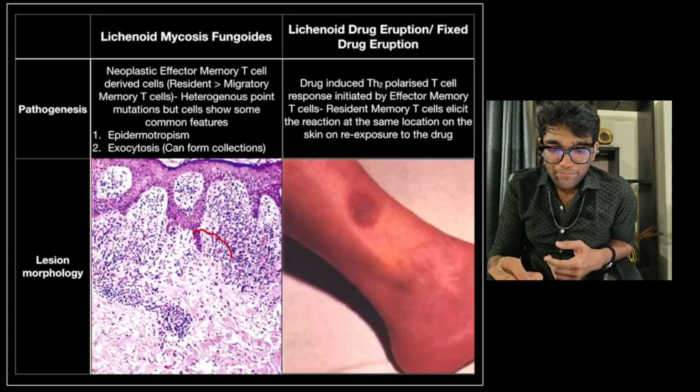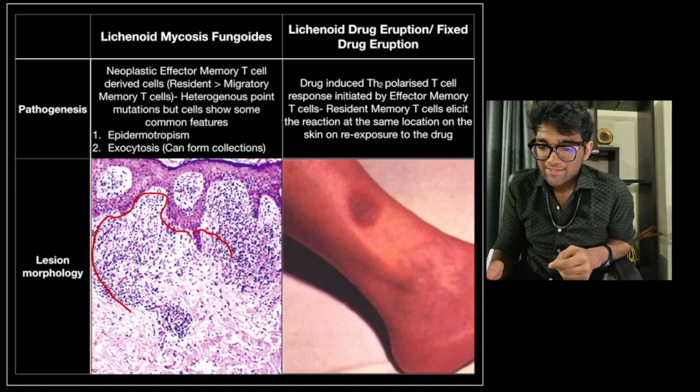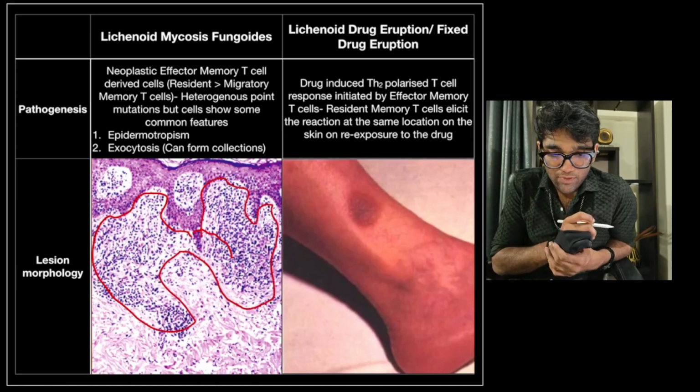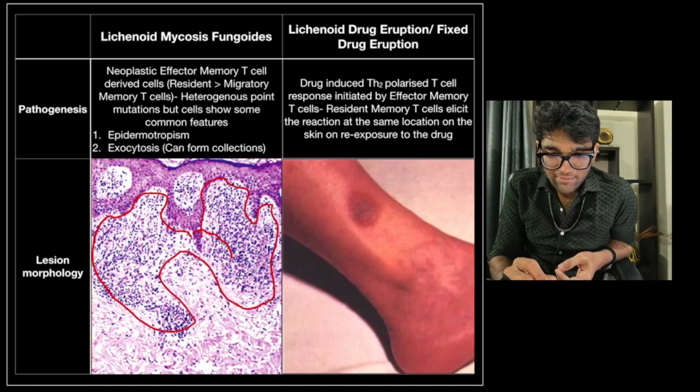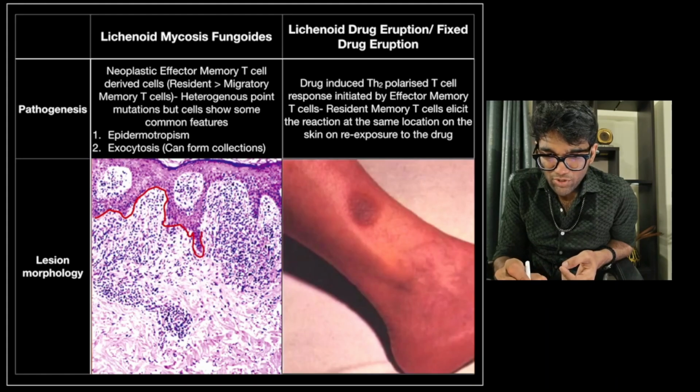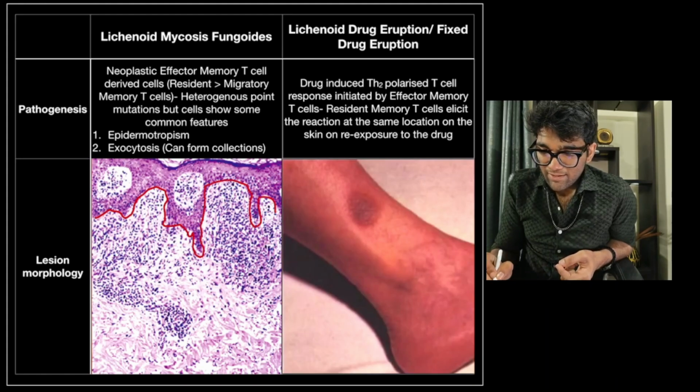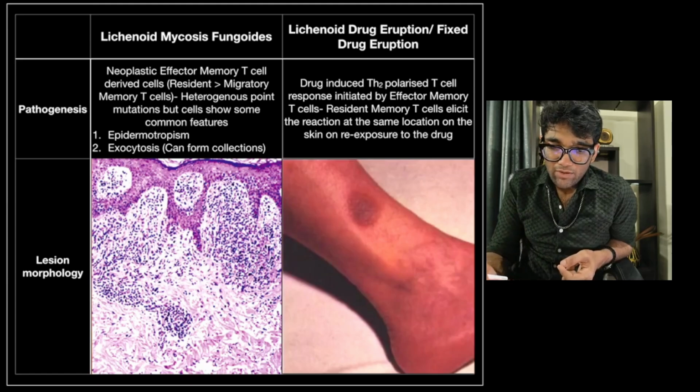Okay, so in the superficial dermis, there is a lymphocytic infiltrate. Okay, so technically this is a lichenoid dermatitis. What you find is the dermoepidermal junction is relatively obscured, it's not very clear, compared to normal skin.